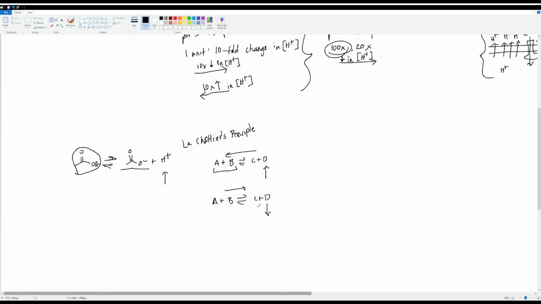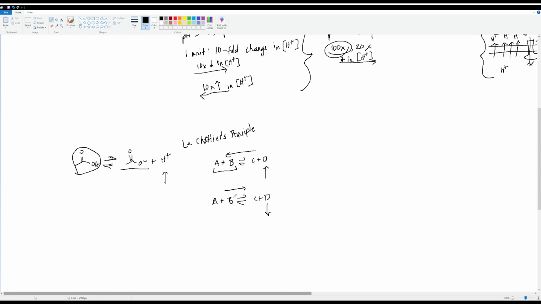Okay. The reason why is, remember, same thing as we did earlier. In order for molecules to interact in a chemical reaction, they need to hit each other. So if we decrease the amount of D, there's now less of that molecule that can interact with C to form A and B. So what happens is the rate of formation of A and B momentarily decreases, whereas the rate of formation of C and D from A and B stays the same.